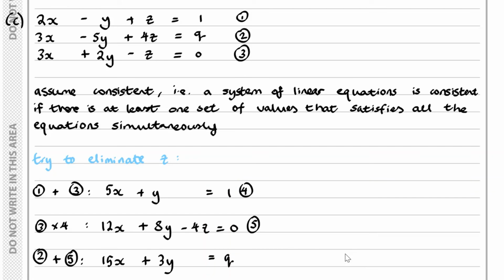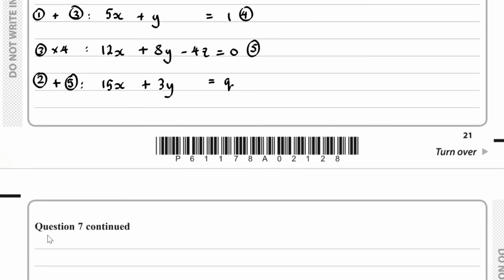Now, if we multiply equation 1 by 4, we have 8x minus 4y plus 4z equals 4. We'll call this equation 7.